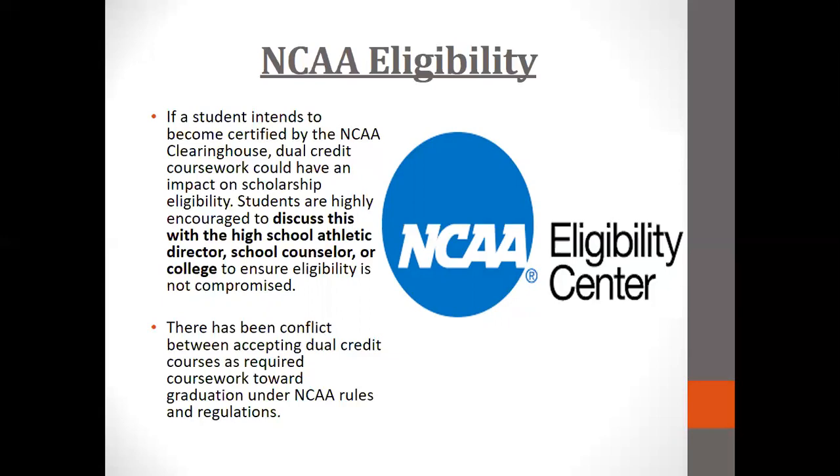There has been conflict between accepting dual credit courses as required coursework towards graduation under NCAA rules and regulations. Now, I always put into the NCAA Eligibility Center that we do offer dual credit courses, and that those are not electives, those are actually the standard courses that you would need.